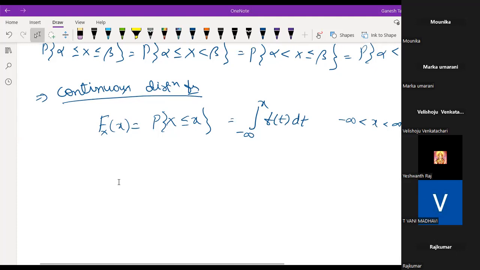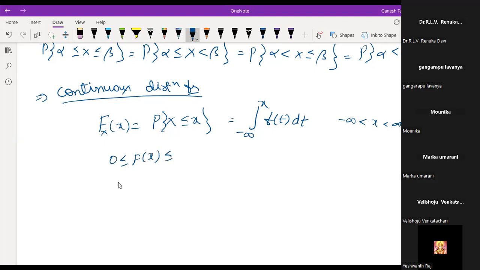Okay. So here, because of the continuous case, of course, your distribution function will, as usual, lie between 0 and 1, first property.